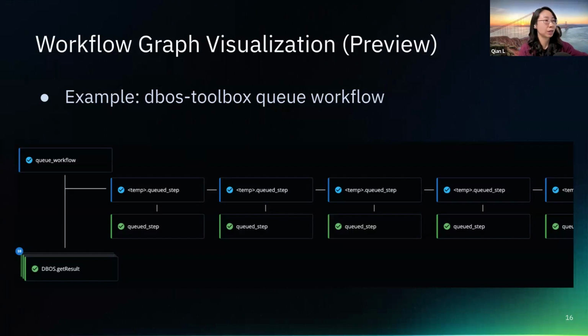In this graph, you'll see one parent workflow called queue workflow. There are 10 parallel tasks, and then eventually there will be a DBOS get result to collect the result of the tasks. We think it will be very helpful when you try to visualize what happened before. For example, if one step failed and you want to figure out what actually led to the failure, which previous step had run that caused this failure.